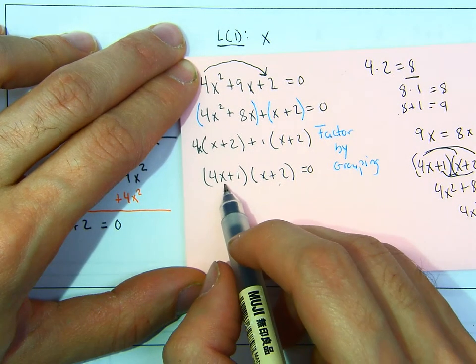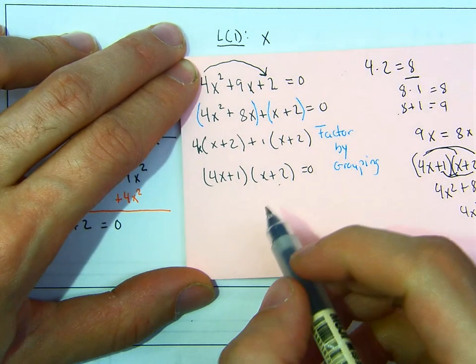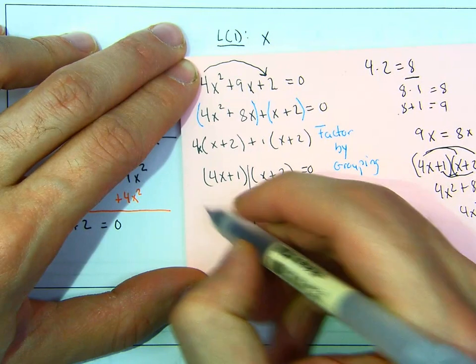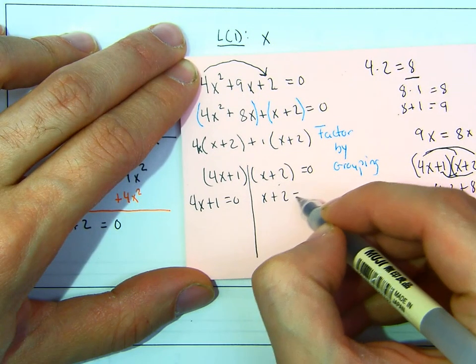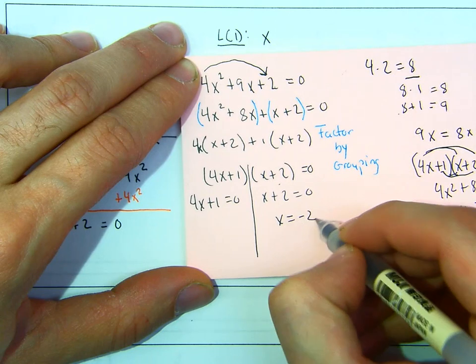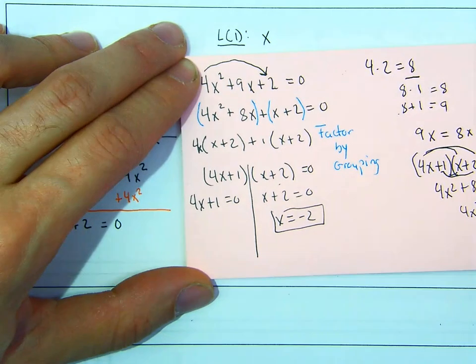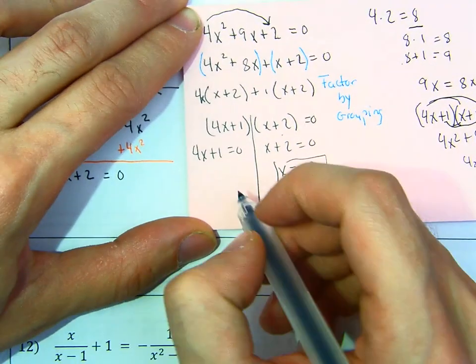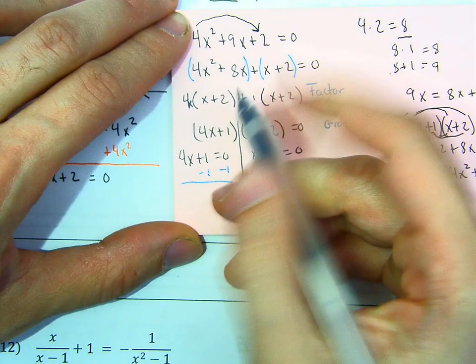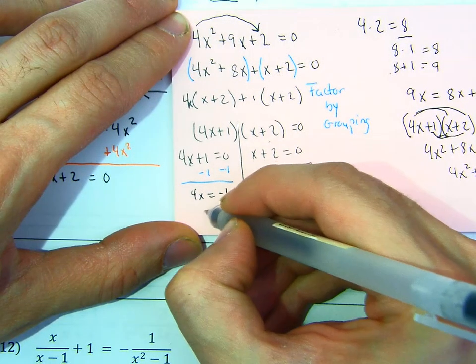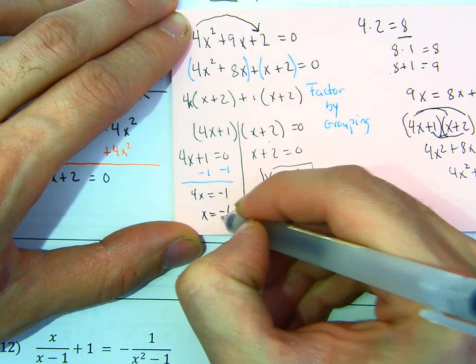But now I have 4x plus 1 and x plus 2. Now you say 4x plus 1 equals 0, x plus 2 equals 0, x equals minus 2. This one's a little straightforward, and this one you just have to work it a little bit here. This is minus 1, and now you have 4x equals minus 1, and then x equals negative 1 over 4.